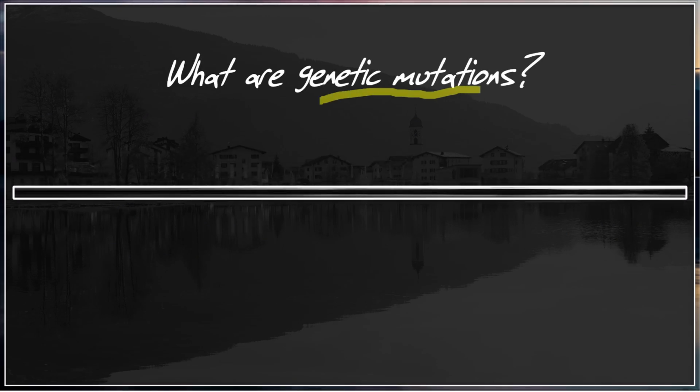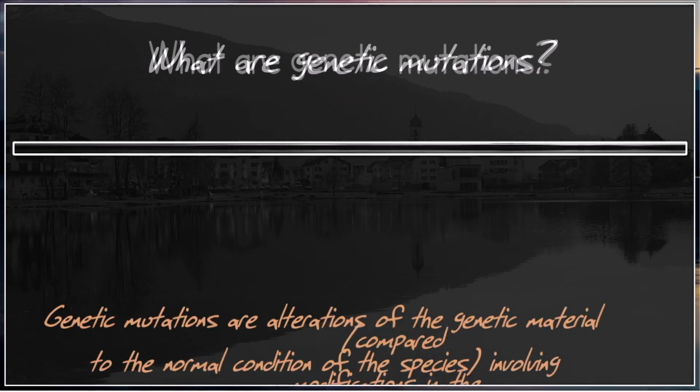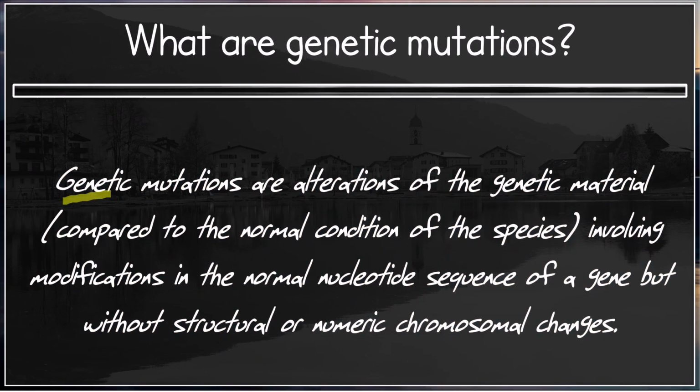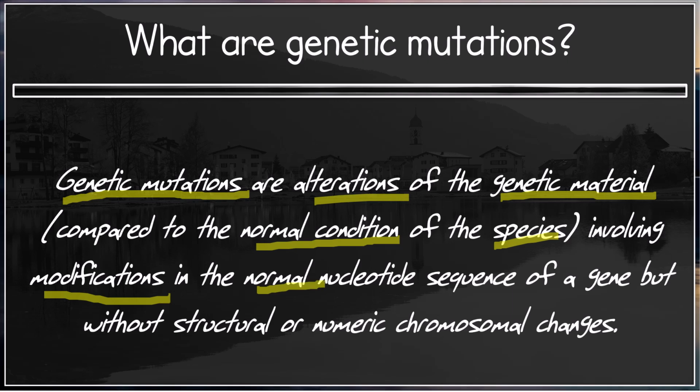What are genetic mutations? Genetic mutations are alterations of the genetic material compared to the normal condition of the species. This involves modification of the normal nucleotide sequence of a gene, but without structural or numerical chromosome changes.